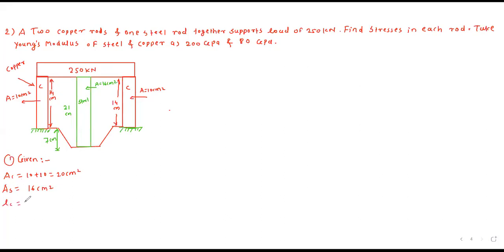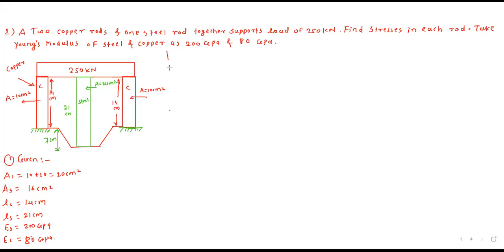Length of copper rod is 14 centimeter and length of steel rod is 21 centimeter. Young's modulus of steel rod is 200 GPa and Young's modulus for copper rod is 80 GPa. Okay. Same procedure we have to follow.